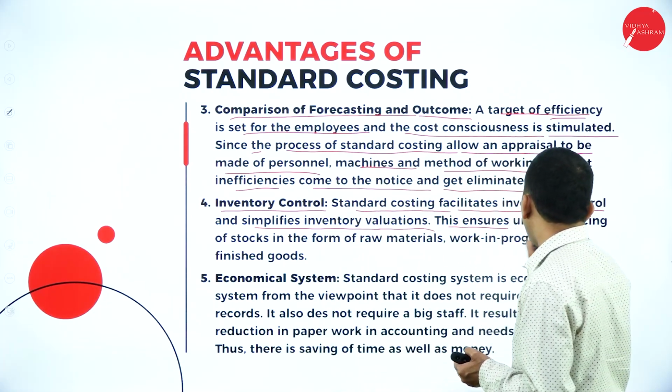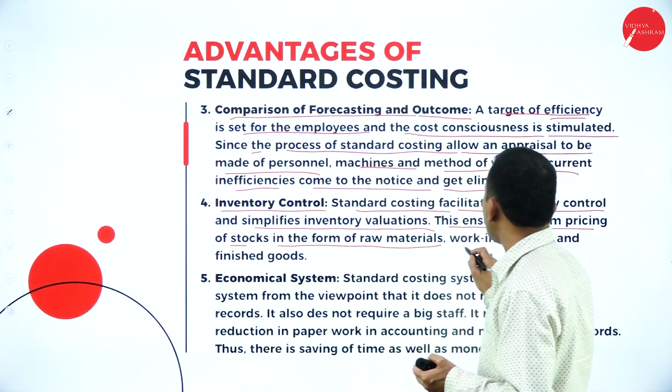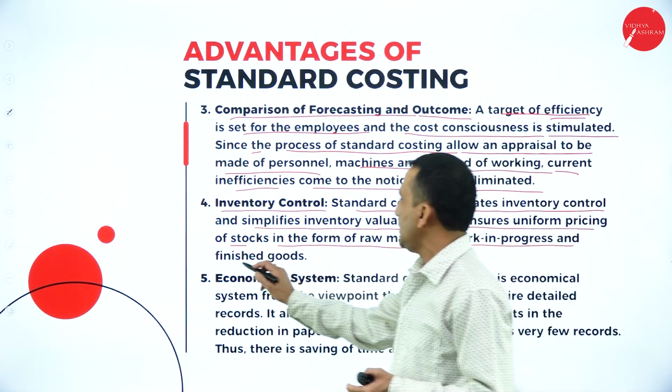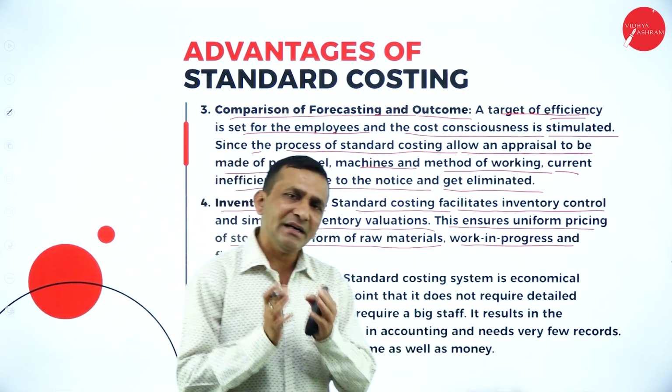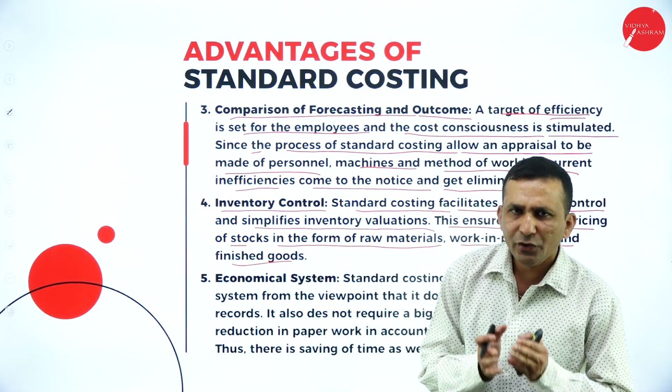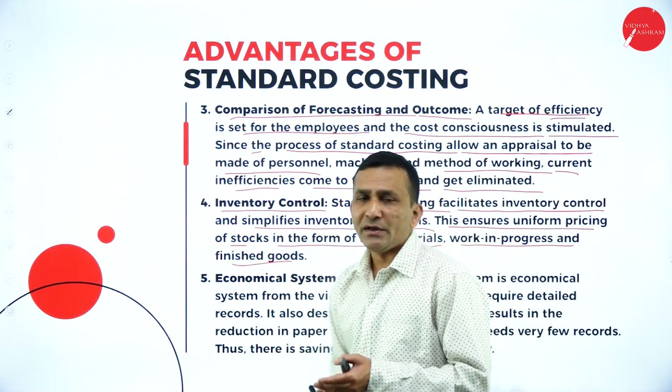This ensures uniform pricing of stock in the form of raw materials, work in progress, and finished goods. This is very important for meeting the demand, the right supply, right demand, because you have to evaluate the inventory.